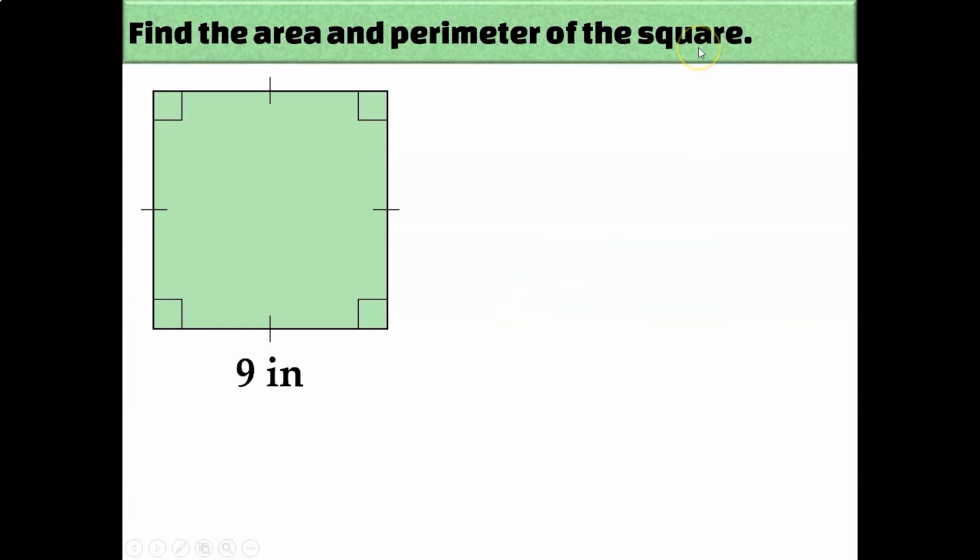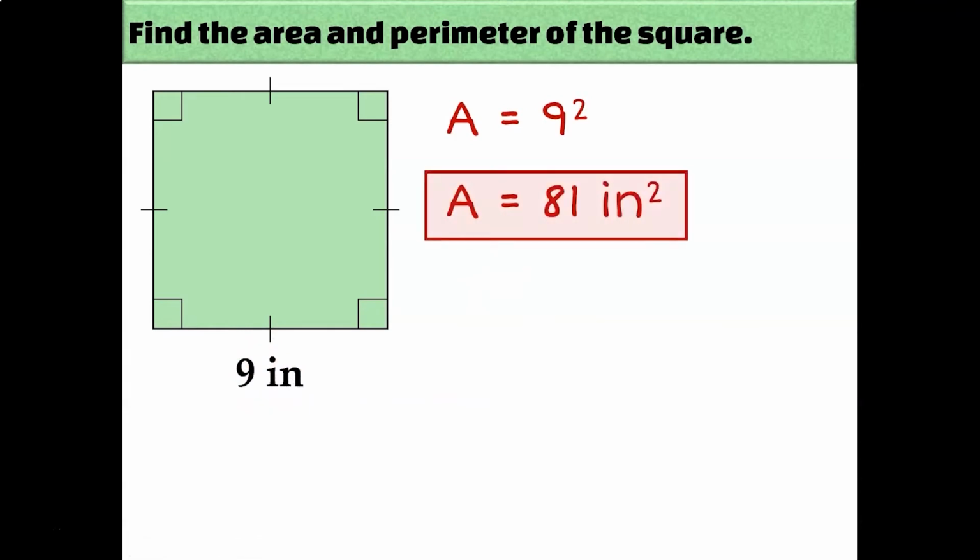All right, let's take a look at some examples. Here we have a square, and I want you to tell me the area and the perimeter. Well, the area of a square is just side squared, and the side lengths of this square are 9 inches. So the area of the square would be 9 squared, or 9 times 9, which is 81 square inches. Please notice that on the label that I have here, it does say inches squared, because it's not just a linear unit, it's not just a straight line, it's an entire area.